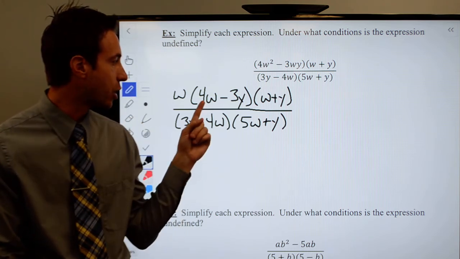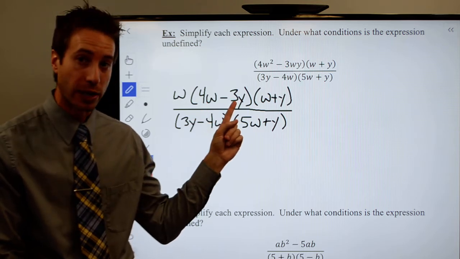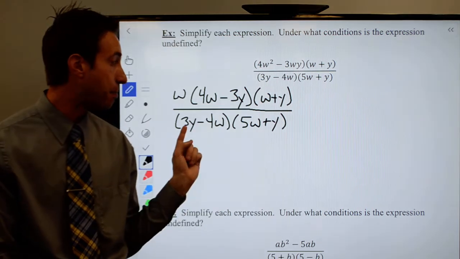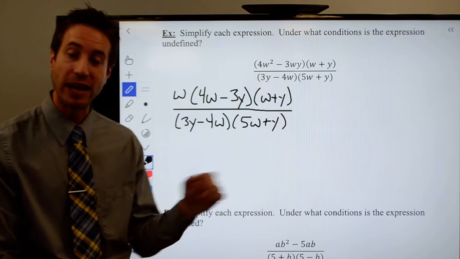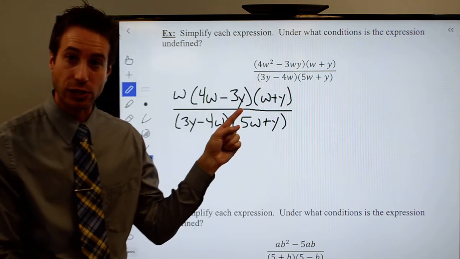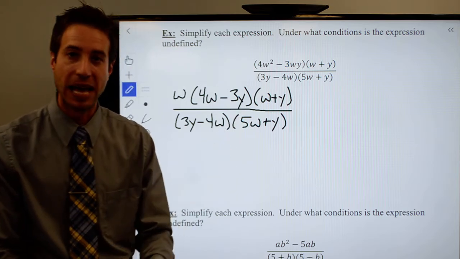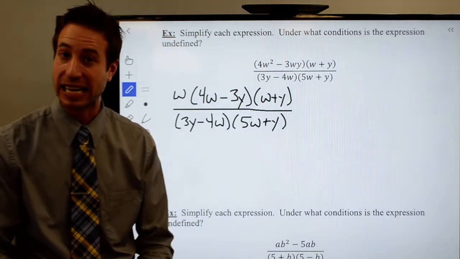Please notice it's a positive 4w and a negative 3y, and in the denominator I have the opposite: a positive 3y and a minus 4w. The signs are just different. If I can get those signs to switch, then those quantities will cancel top and bottom. The easiest way to get the signs to switch is to factor out a negative 1.